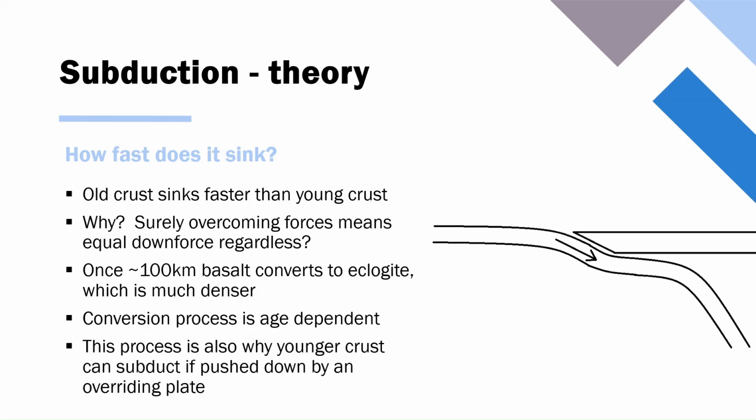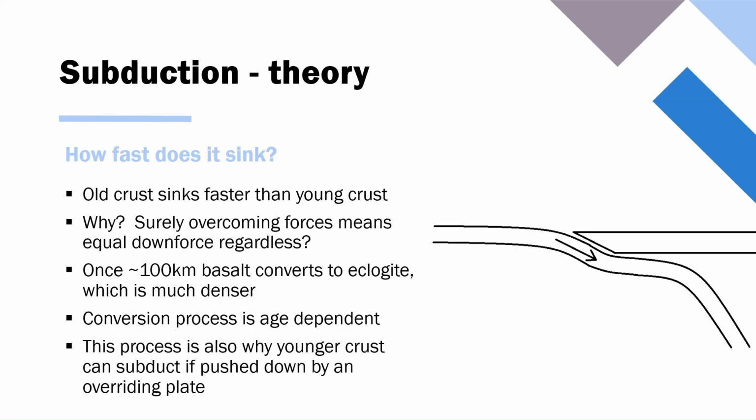Some of the sources I found suggested that this is due to the temperature, but others suggested temperature has the opposite effect, so I'm not quite sure, but for our purposes all we need to know is that this densification is slower in younger crust, so it subducts more slowly. This also is why colliding plates can cause subduction.